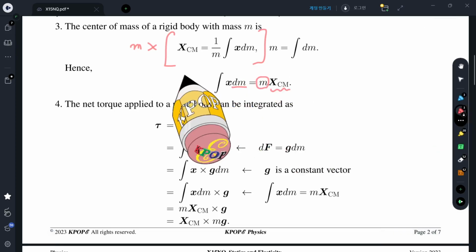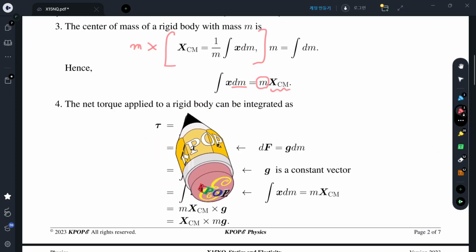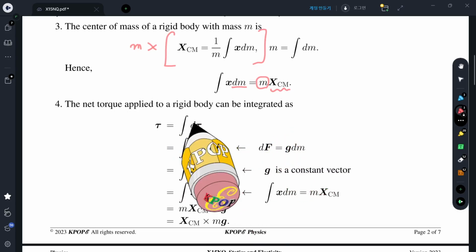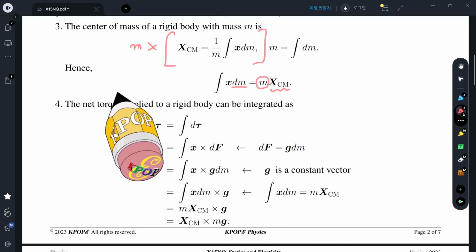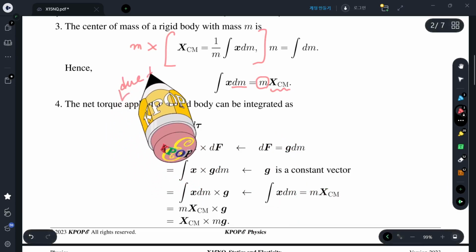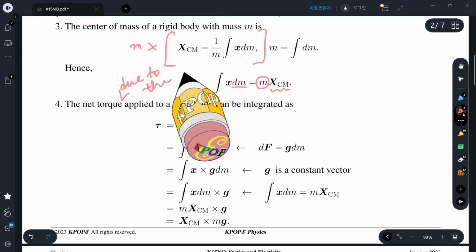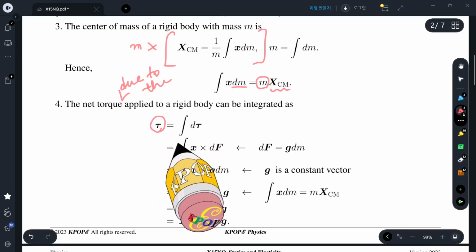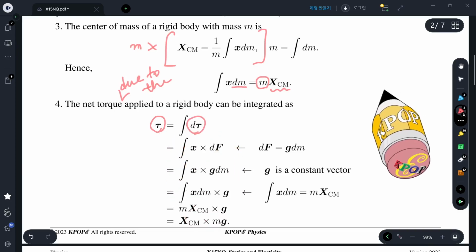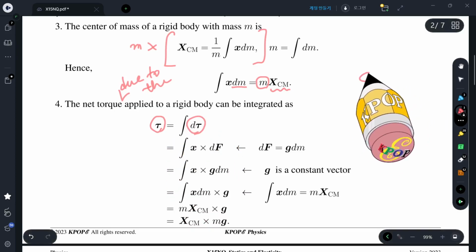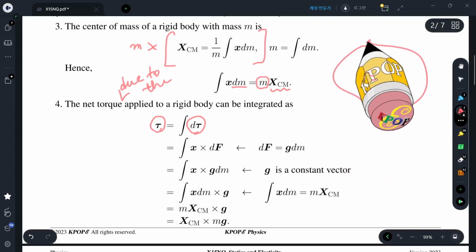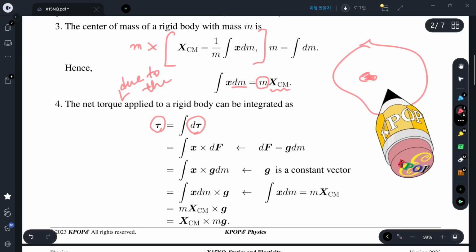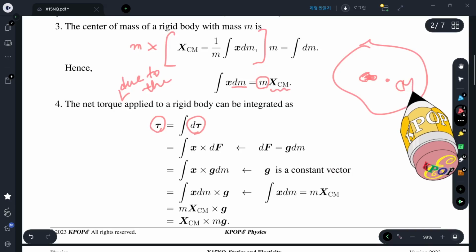Okay. The net torque applied to a rigid body can be integrated as, okay, the net torque due to the gravitational acceleration and gravitational force. Torque is the integral of small torque. This is a rigid body, and this is a small amount of mass. This is the center of mass.